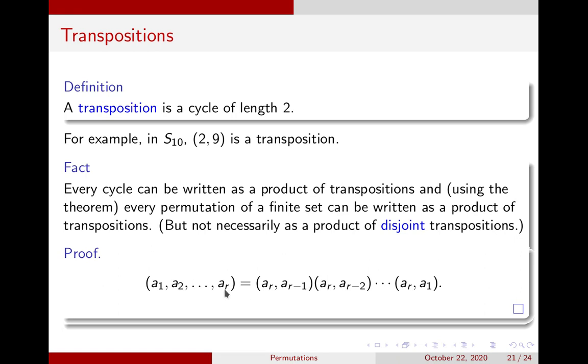The first transposition has the last number in the cycle and the second to last number in the cycle. The second transposition in this product has the last number in the cycle and the third to last number in the cycle. And you continue this pattern until you get to the transposition consisting of the last number in the cycle and the first number in the cycle.